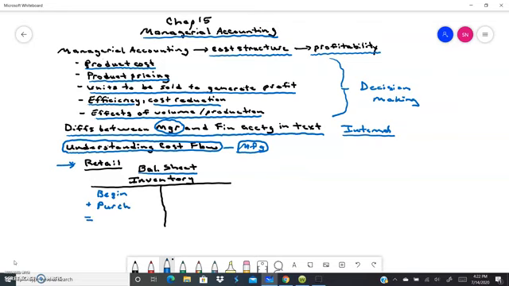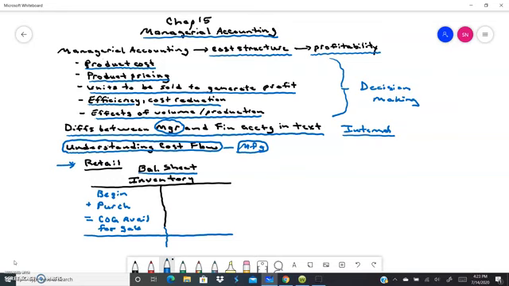And that's going to give us what we at that time had called cost of goods available for sale. And again, I'm just using a T account, so we can keep everything organized and straight.